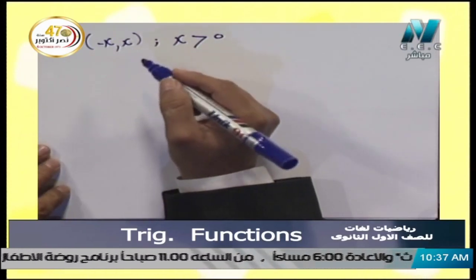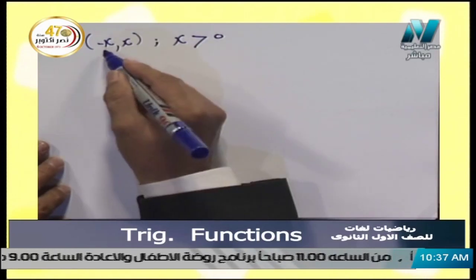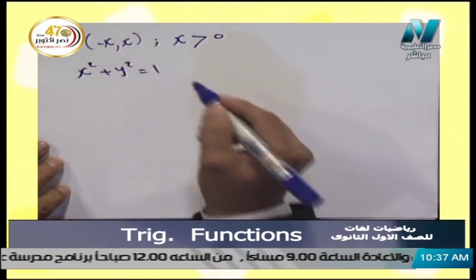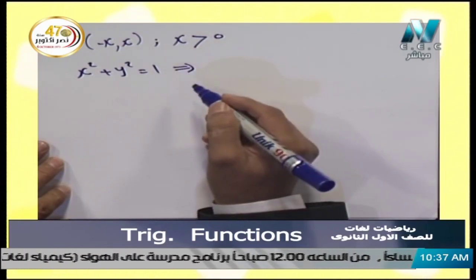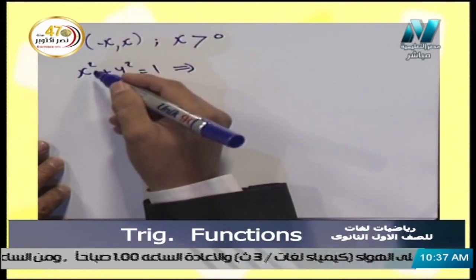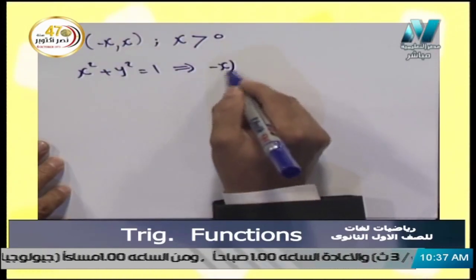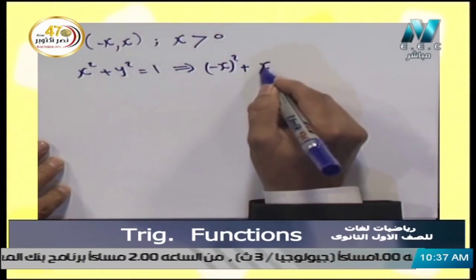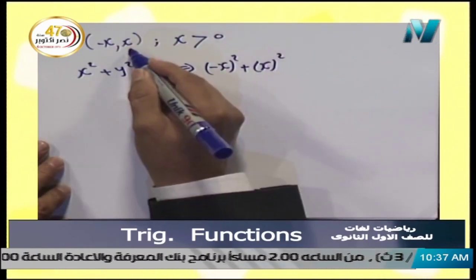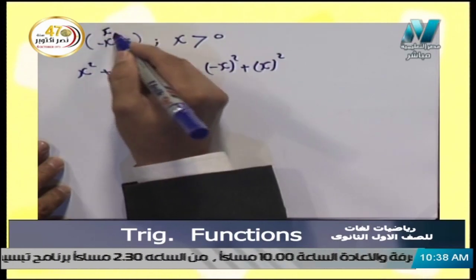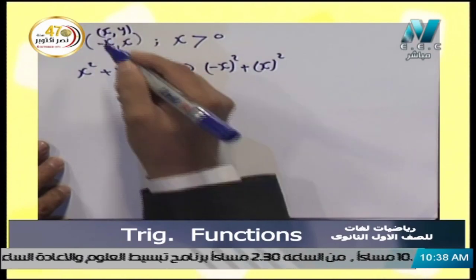We know about x squared plus y squared equals 1. This is an important rule which we depend on to solve this equation. Any point's coordinates will be x and y.